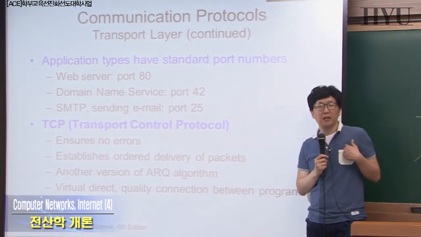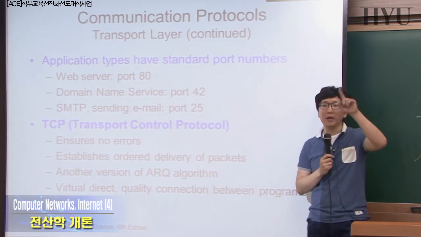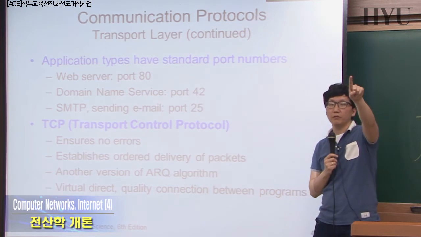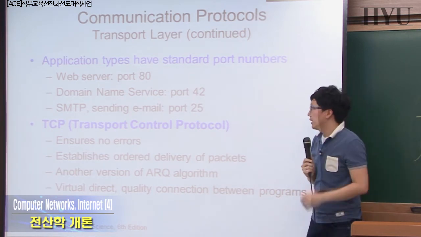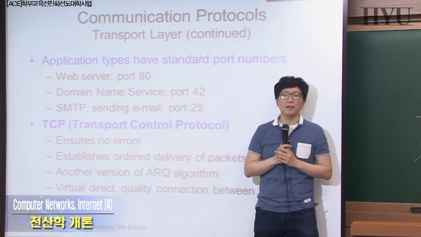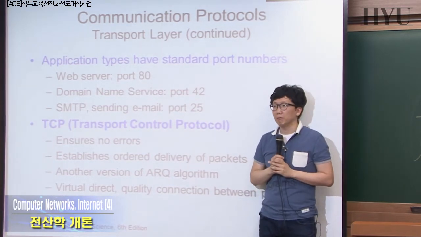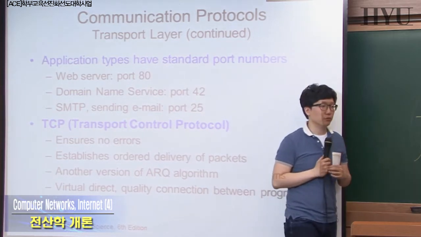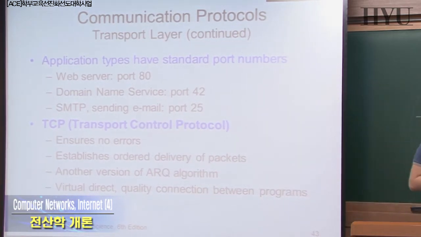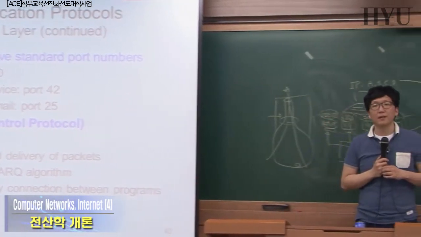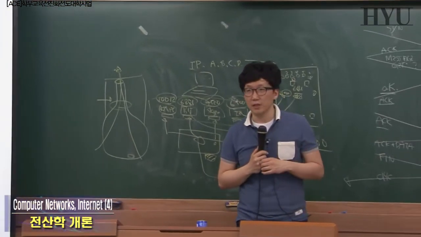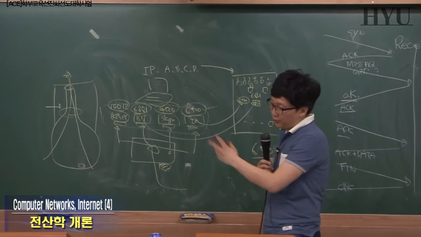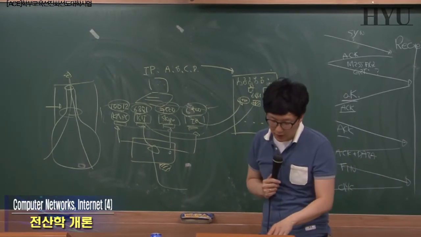So my computer will ask the DNS server through port number 42. And SMTP, if you need to send an email, the server must open port number 25. So those are the rules, and those things will release certain information about servers through the network. TCP is using that. 이거 그냥 넘어가자.